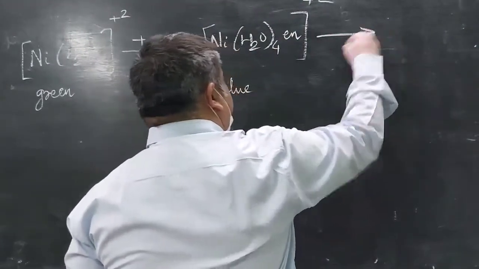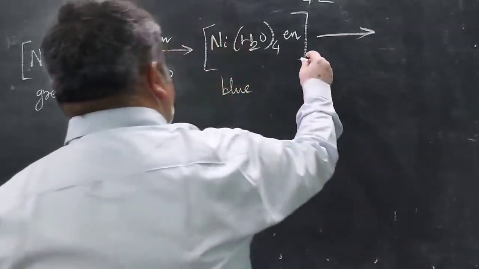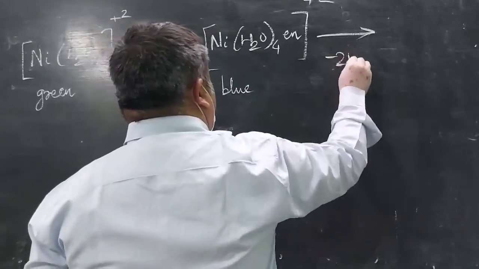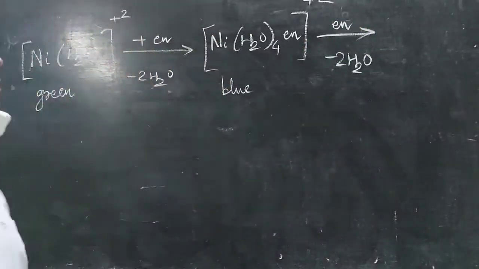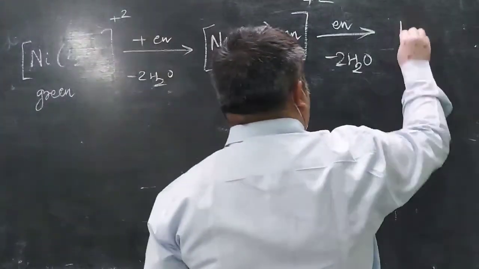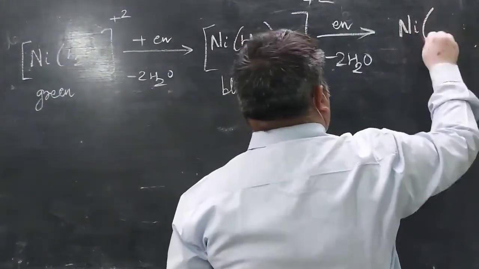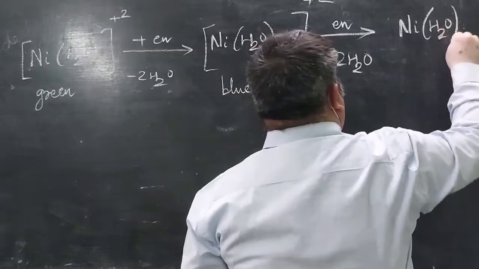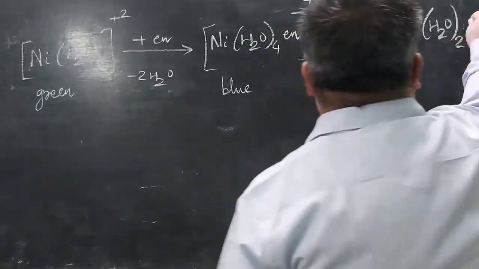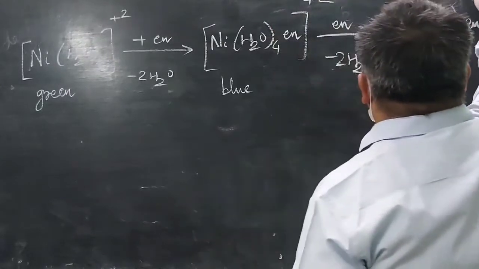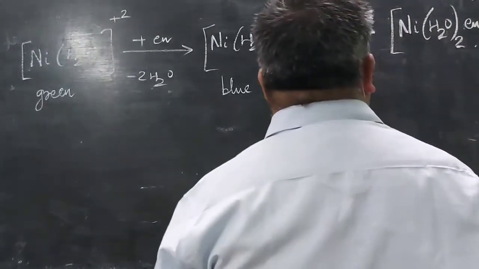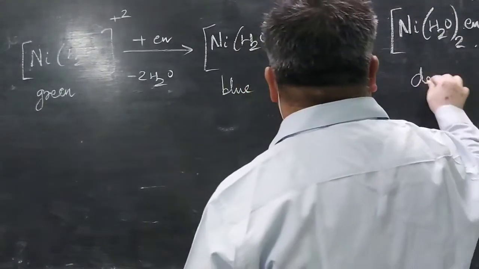Further, if you take out 2 more H2O and substitute with another EN, it will form nickel H2O whole 2 EN2 plus 2. This will be deep blue in color.